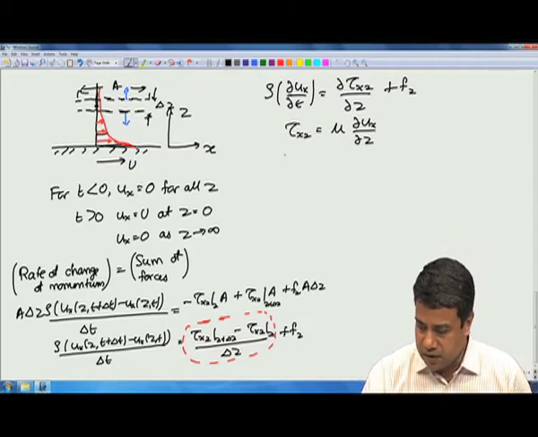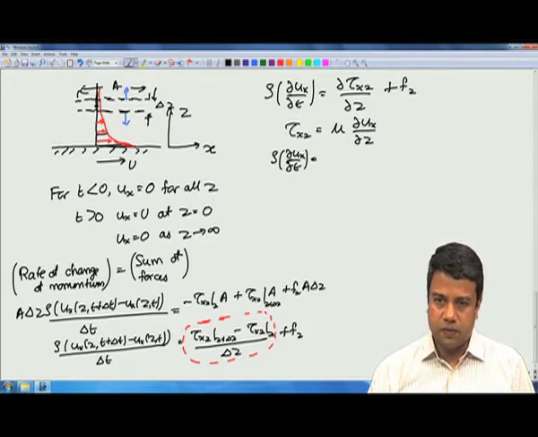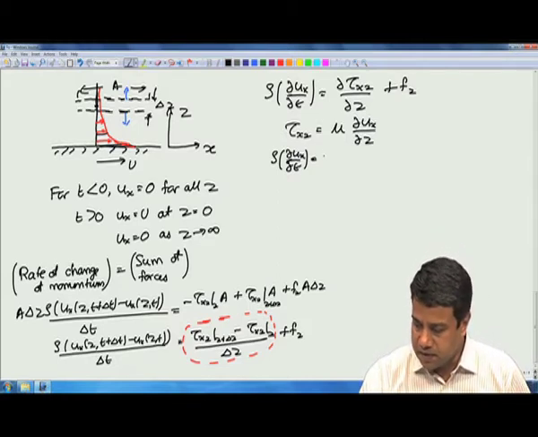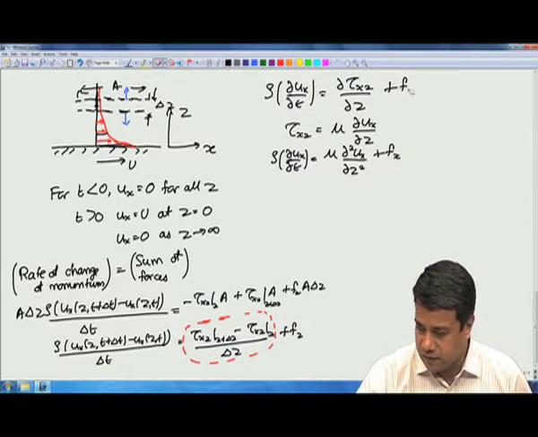So, if you substitute that, you will get rho into dux by dt is equal to, once again, if the viscosity is considered to be a constant, this becomes mu d square ux by dz square plus fx. I am sorry. Note that these are all forces in the x direction because the direction of the force is the x direction.